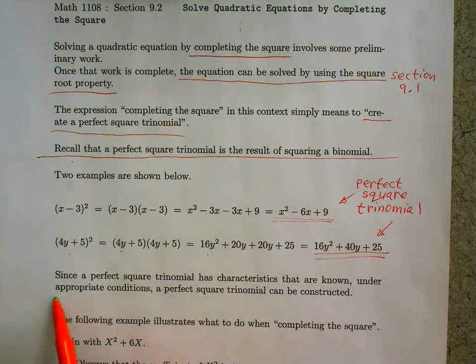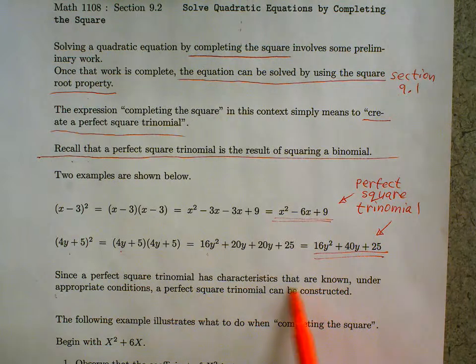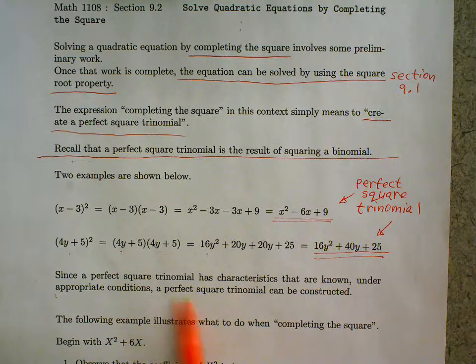Since a perfect square trinomial has characteristics that are known, under appropriate conditions a perfect square trinomial can be constructed.